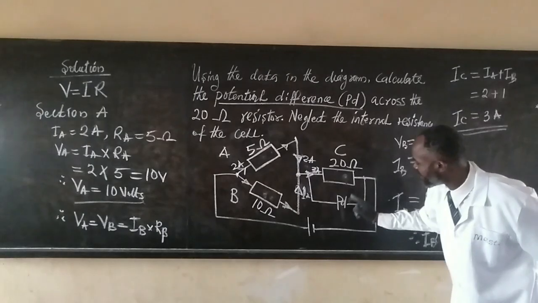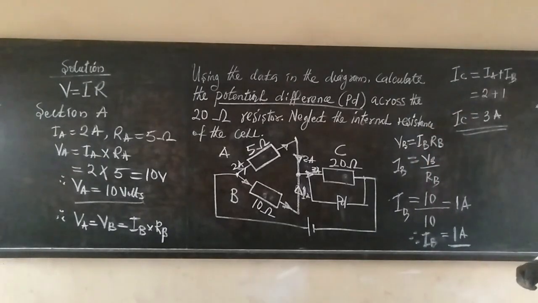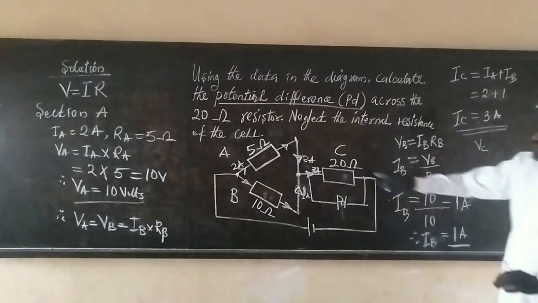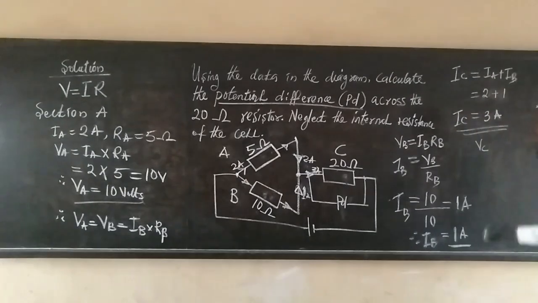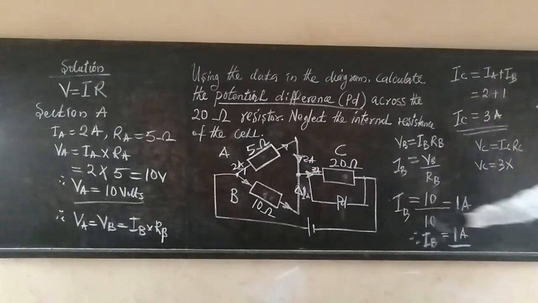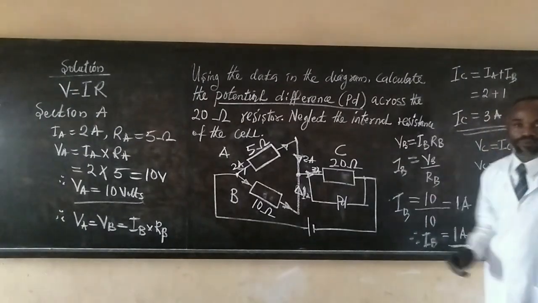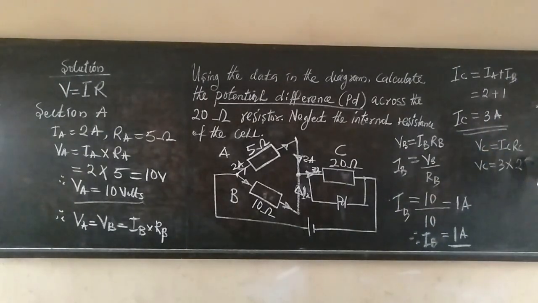PD, that's this. Ohm's law again, and that is VC, because we are talking about section C. And that's our concern. VC is now IC times RC, so to say. And we substitute wisely. IC is already 3, right? And RC is the value we have here, which is 20.